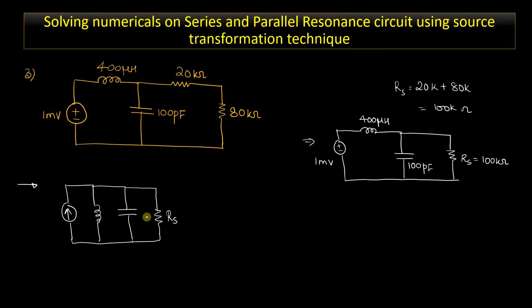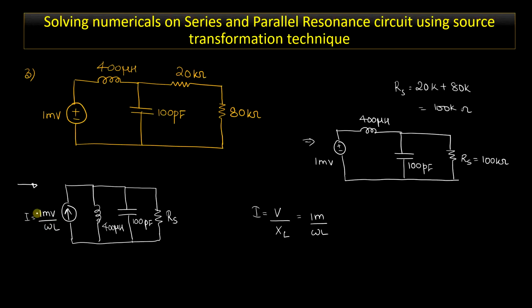Okay, so this will be the capacitor 100 picofarad, the inductor is 400 microhenry, and the current is computed as I equal to V divided by, because the inductor was the one which was in series, V divided by XL. Okay, so in this case the value was 1 millivolt, and XL is omega L. So the value of the current will be 1 millivolt divided by omega L.